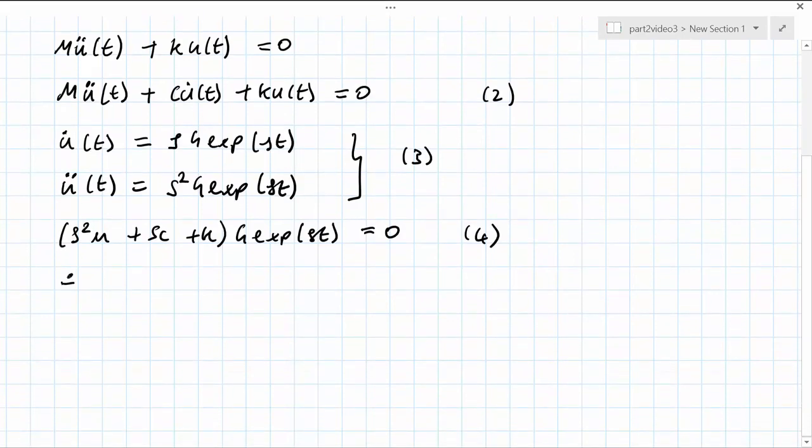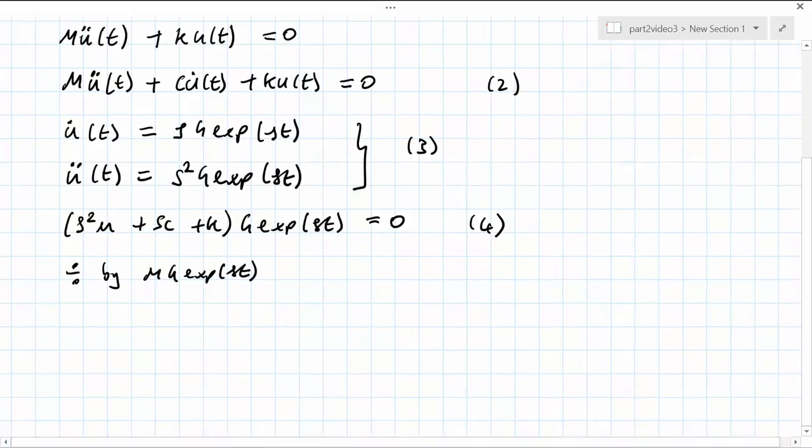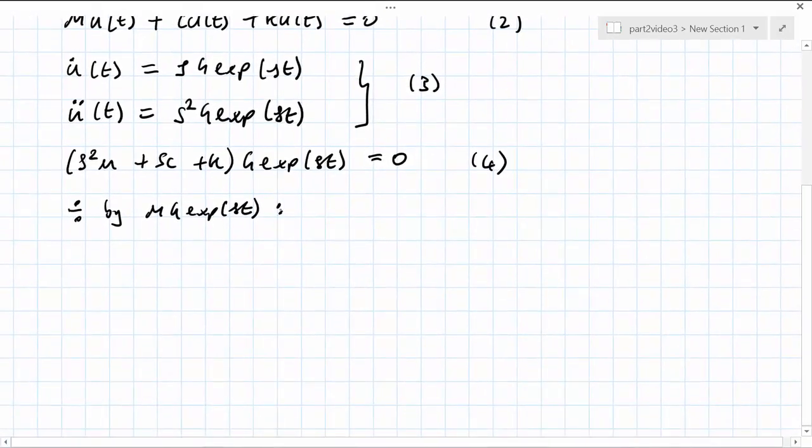If we then divide through by m times G times exponential st, this gives us s squared plus sc over m plus k over m equal to 0.